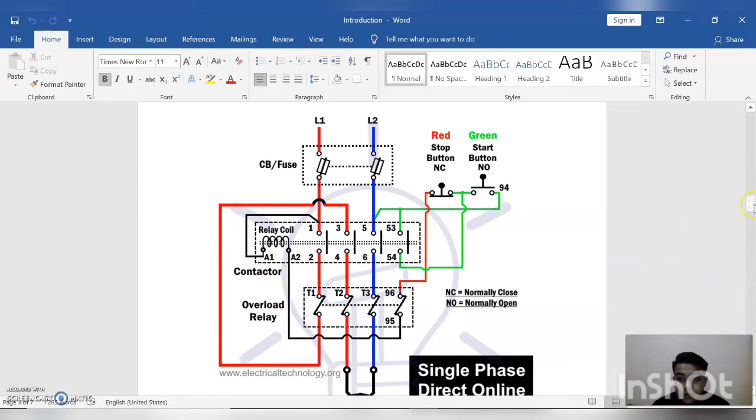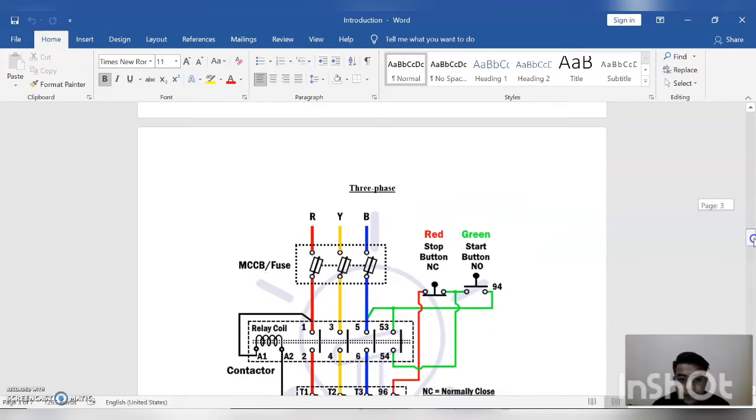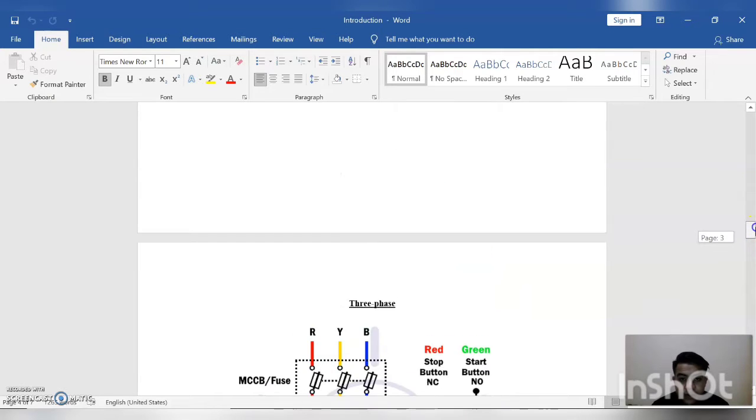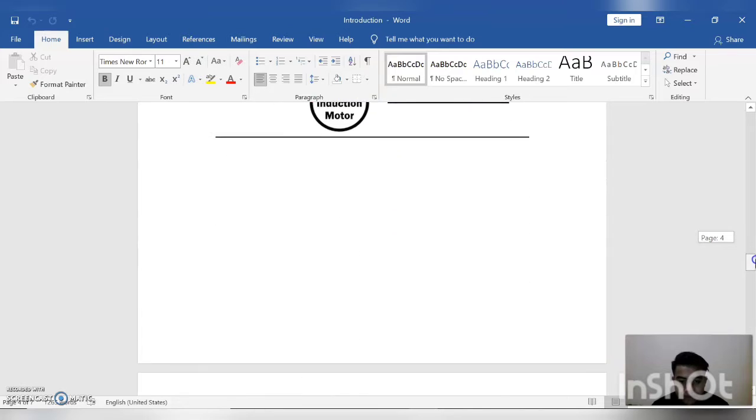The three phase also has a fuse, MCCB, start button, relay coil, contactor and overload relay. So this is the part of the basic circuit.